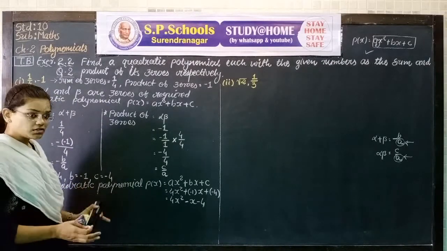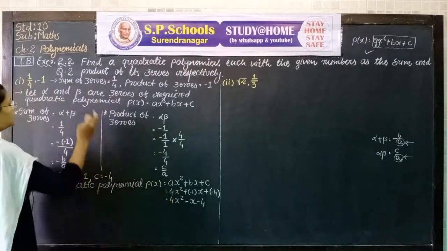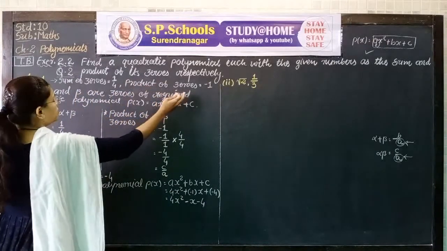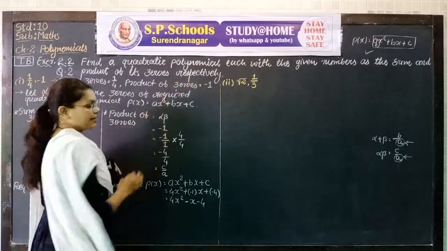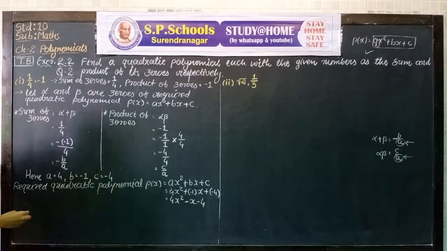But there are lots of polynomials whose sum and product of zeros are 1 upon 4 and minus 1 respectively.